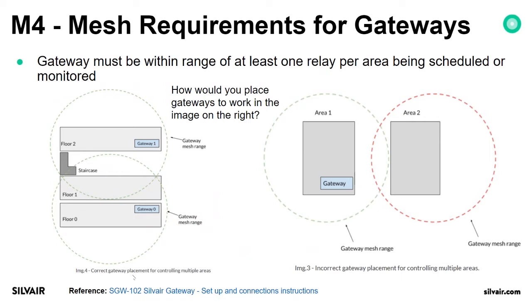And on the left side, you have a slightly different setup, where you have two gateways overlapping the areas to cover a larger area of the mesh network.